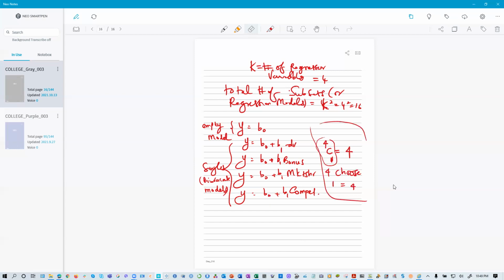In a similar fashion, the next set has 2 variables. How do you do that one? 4 choose 2 means 4 times 3 on top and 2 times 1 on the bottom, the same number of elements. You cancel and get 12 divided by 2, which is 6 options.